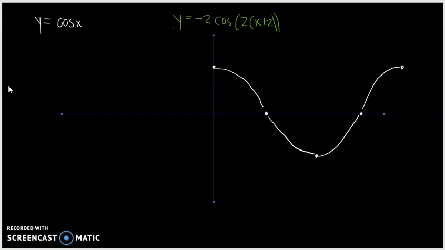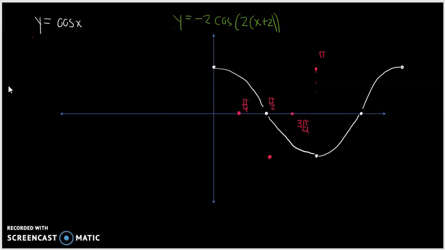We go from 0 to pi over 4, down to pi over 2, then 3 pi over 4, and finally back to pi, where it completes one period.